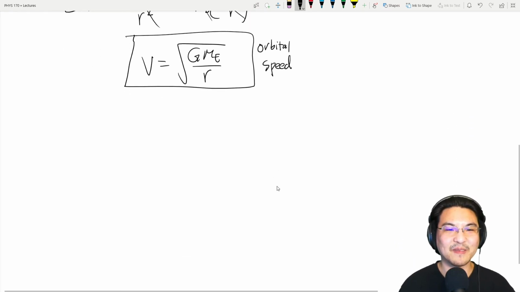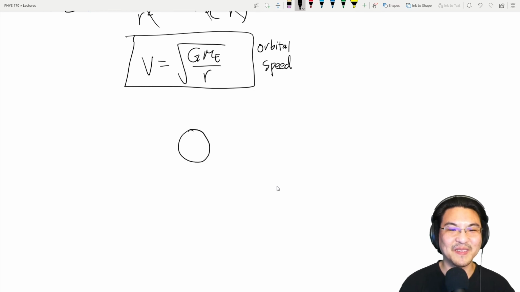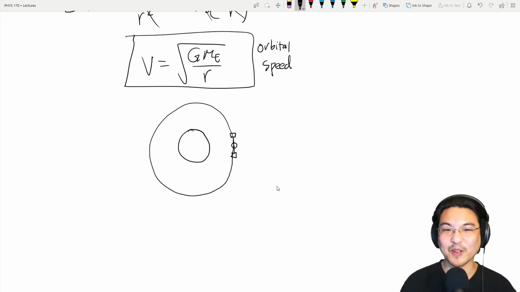Now, here's Earth, not to scale. Here's the space station, not to scale. You're falling at a constant speed. What happens if you suddenly activate some thrusters, increasing the speed?